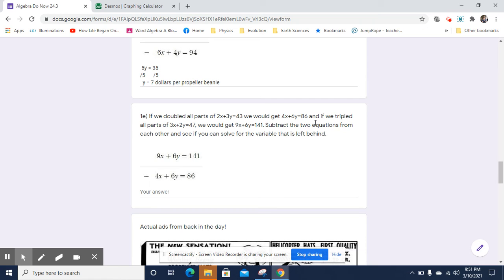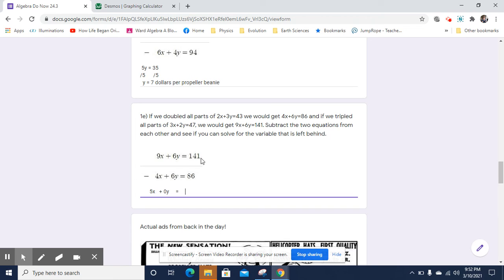So we're going to subtract the two equations from each other, and let's see what happens. This time I put the one that equals 86 on the bottom. It actually doesn't matter which way you do the subtraction. It'll work either way. But I like it this way because I won't have to deal with negative numbers. So let's get subtracting. 9x minus 4x is 5x, and 6y minus 6y is 0y. And then we're left with 141 minus 86.